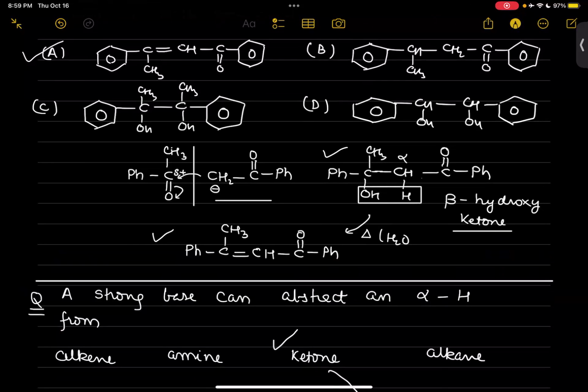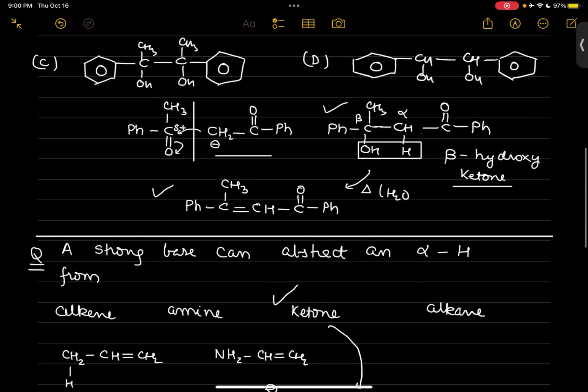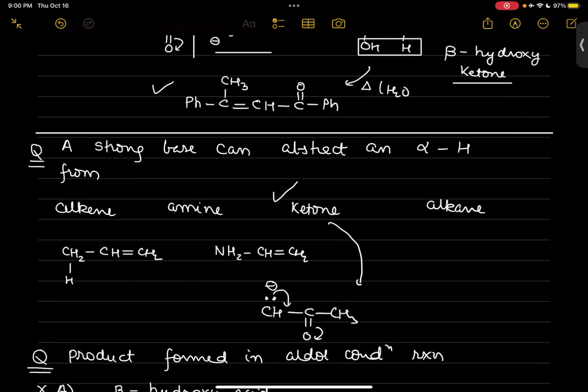So the alpha carbon is connected to CO, that CO becomes OH and that is on the beta carbon. Is it clear? So you have a beta hydroxy aldehyde or a ketone. It depends whether you have started with an aldehyde or a ketone. If you started with an aldehyde, you will end up with a beta hydroxyaldehyde, and if you have started with a ketone, you will end up with a beta hydroxyketone. Got it?